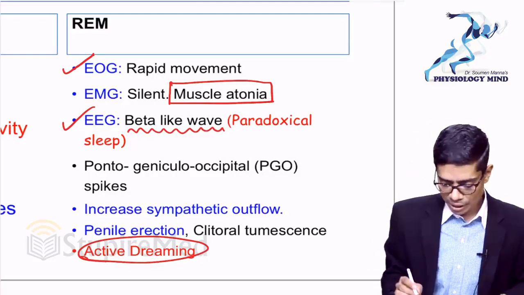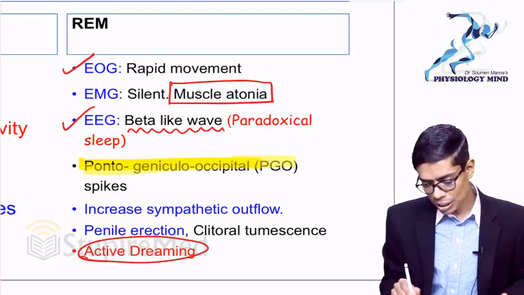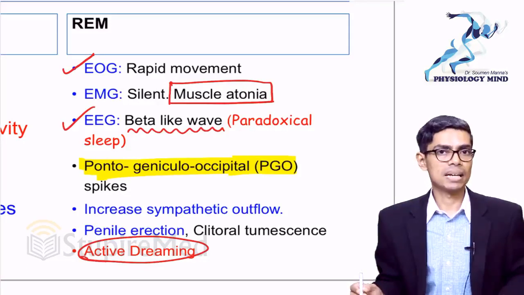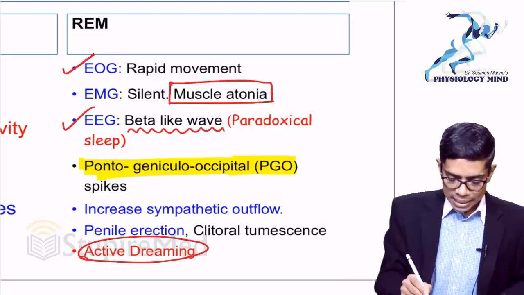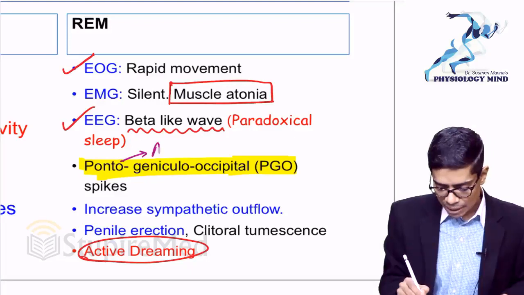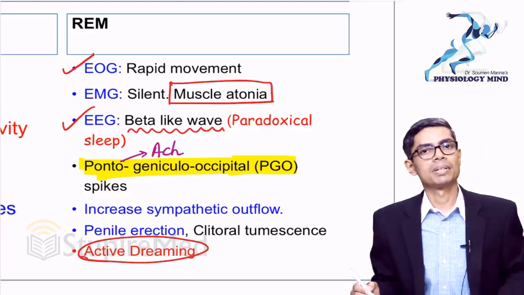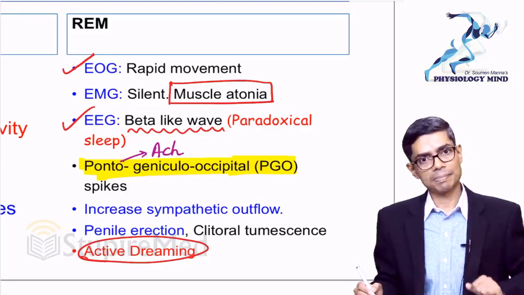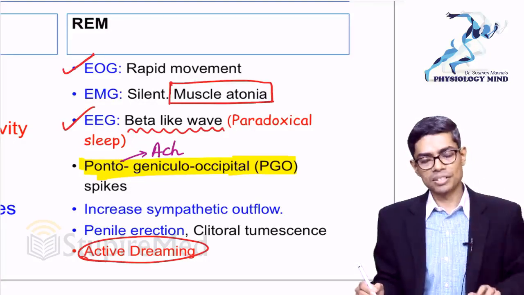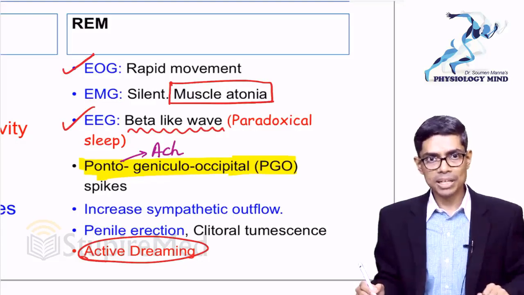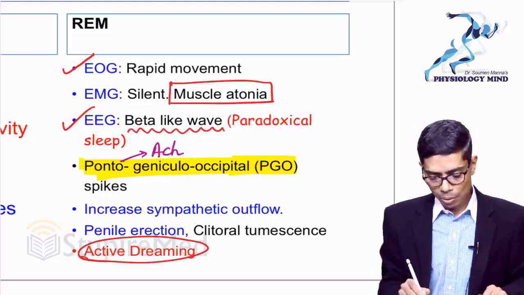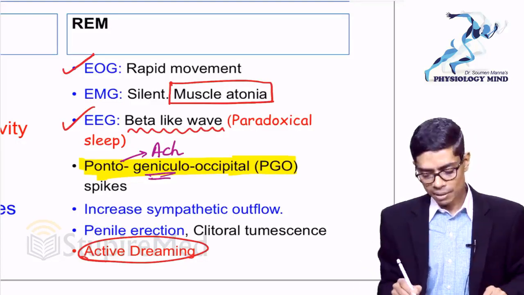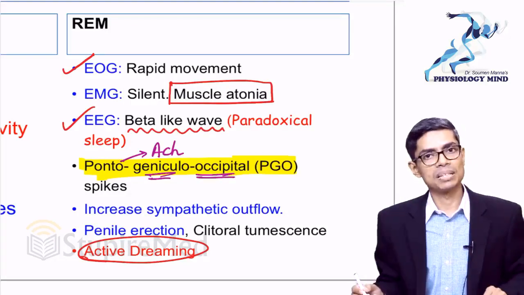Now note down the next important point: the pontogeniculo-occipital spike. What is that? The cholinergic neurons at the level of the pons increase their discharge rate during REM sleep, and this activity goes to the level of the lateral geniculate body. From there it moves to the occipital region of the brain.